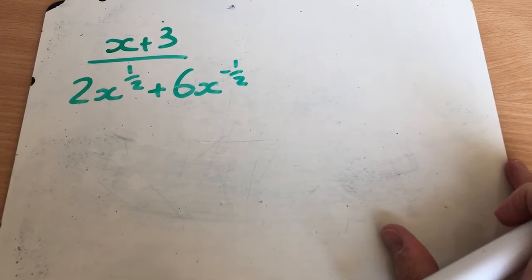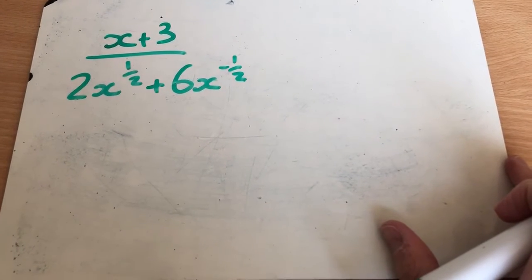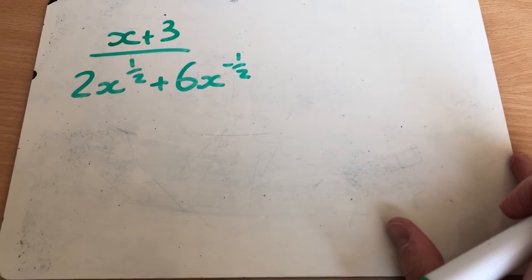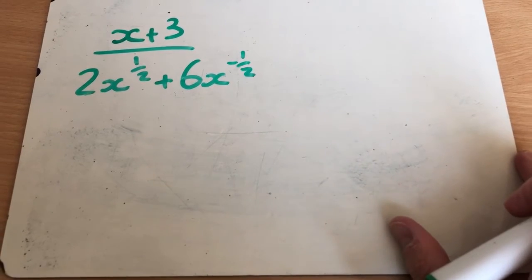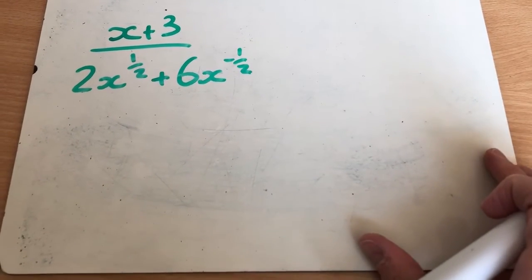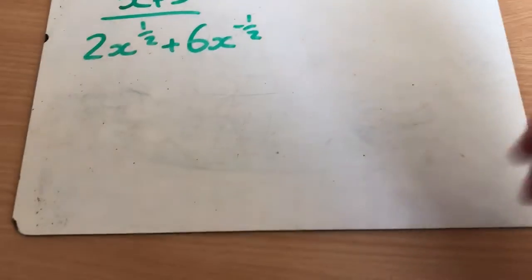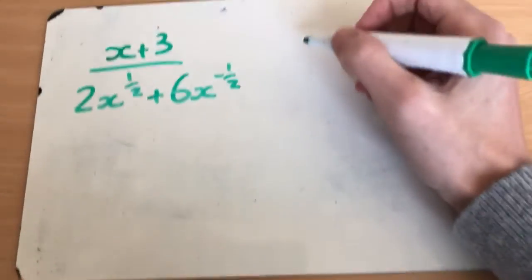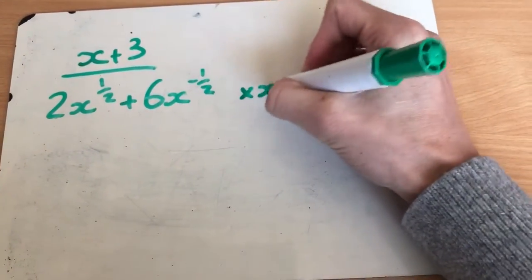So the only negative power there is x to the negative a half at the moment. So you want to try and get rid of that. And you can do that by multiplying everything by x to the half, okay? So when you do that, you're going to times everything by x to the half here.